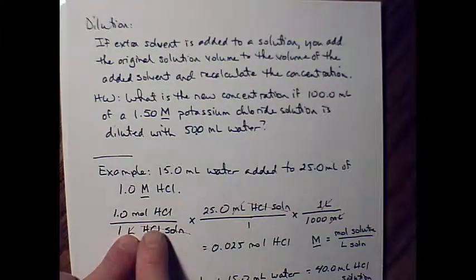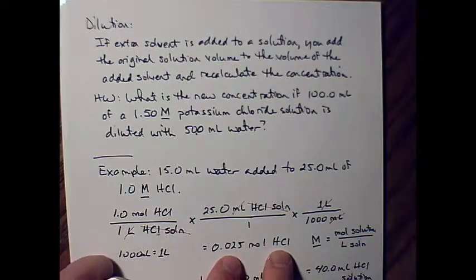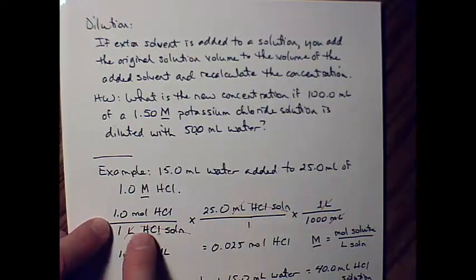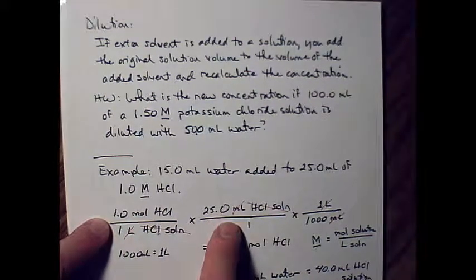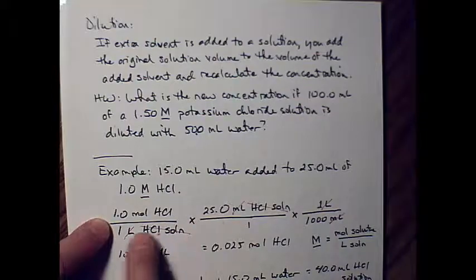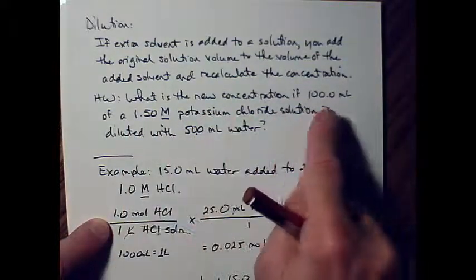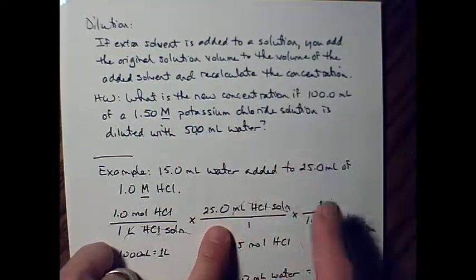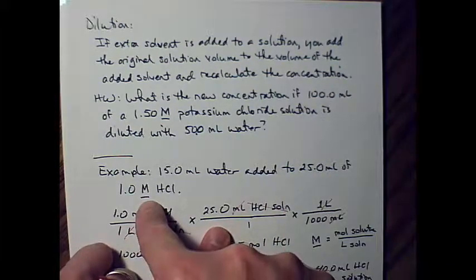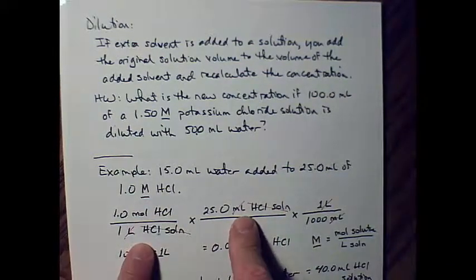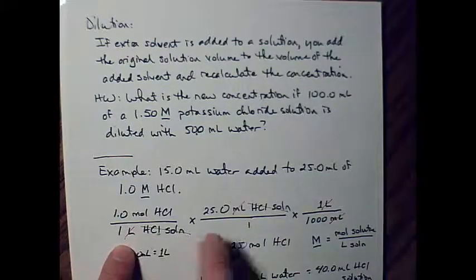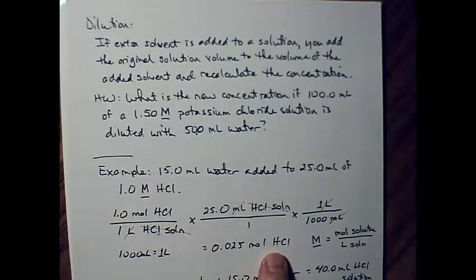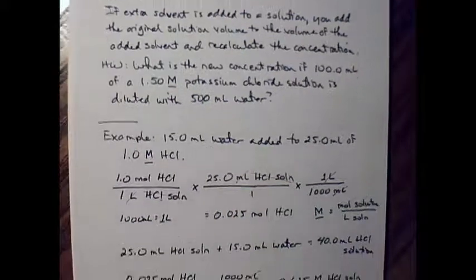So we found how many moles of HCl there are by taking the original concentration and multiplying it times the volume of that solution. In this problem, we had 25 milliliters of this solution. We multiply this out, convert the liters to cancel out liters, and that gives us the moles. Then we put the moles over the total volume of the solution plus water down here to get this new concentration.